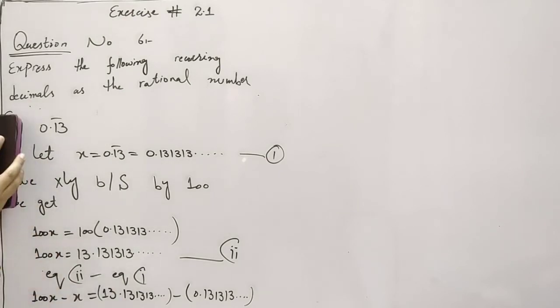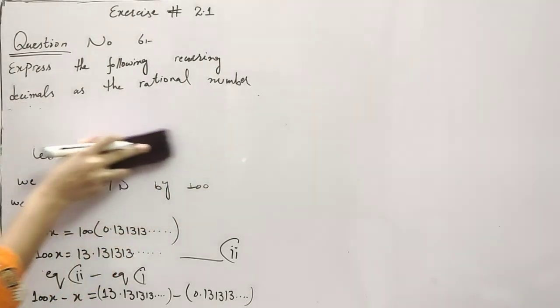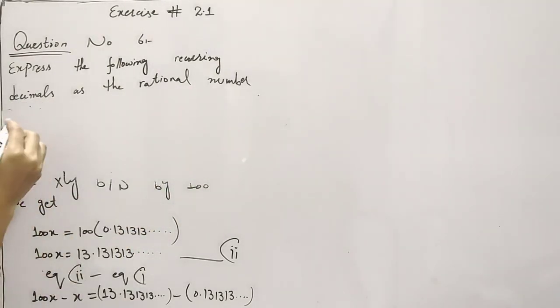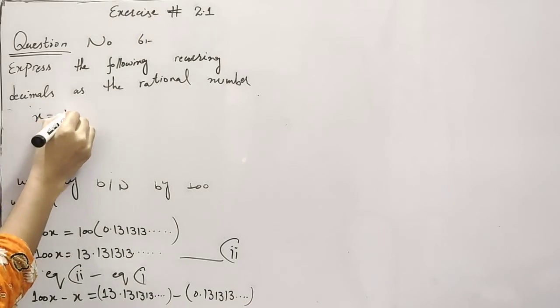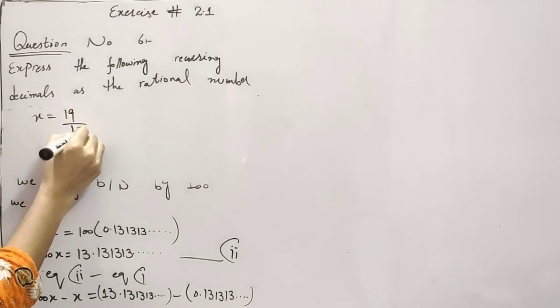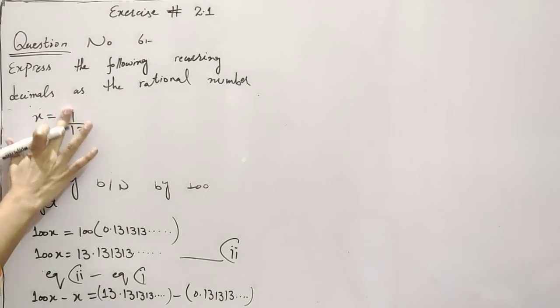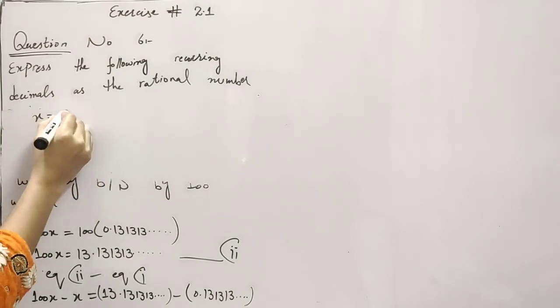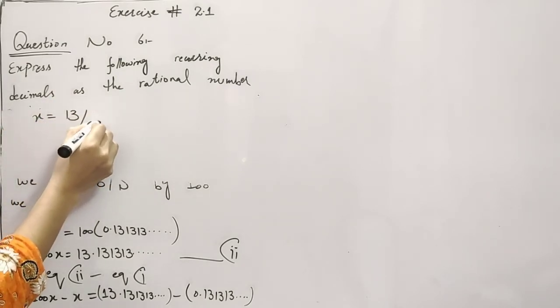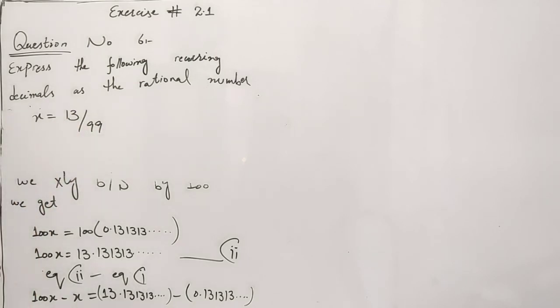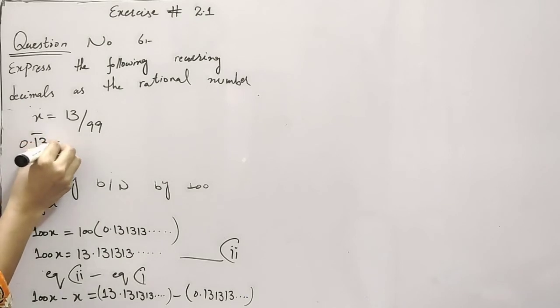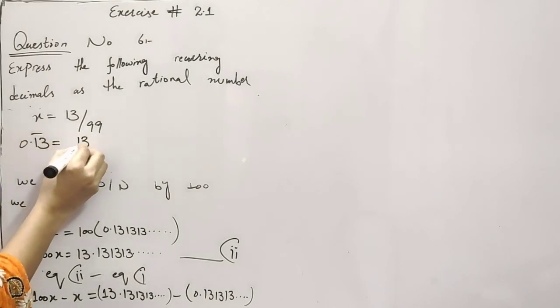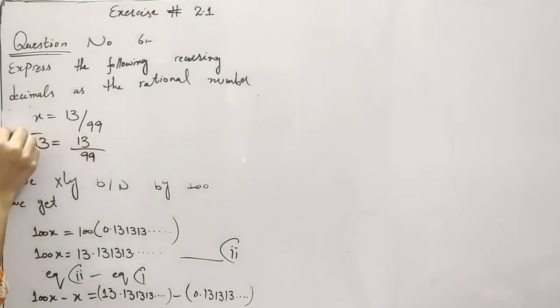13, and x is equal to 13 by 99. So we can say that 0.13 recurring decimal is equal to 13 by 99, and this is the answer of the second part.